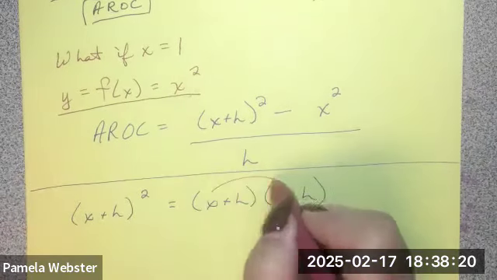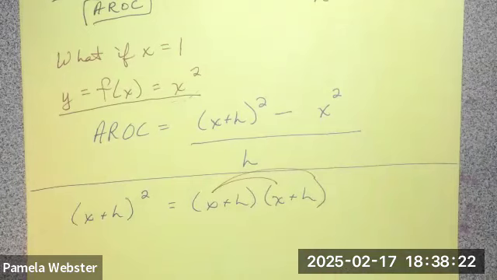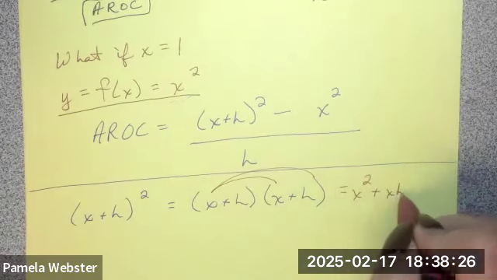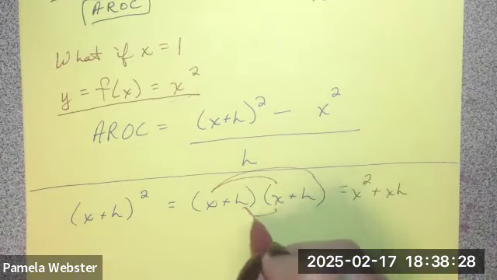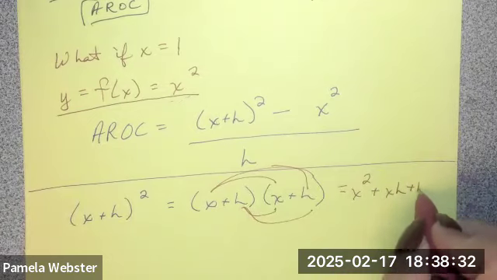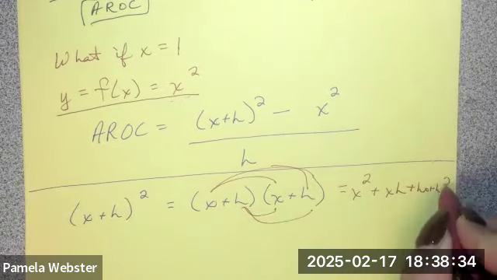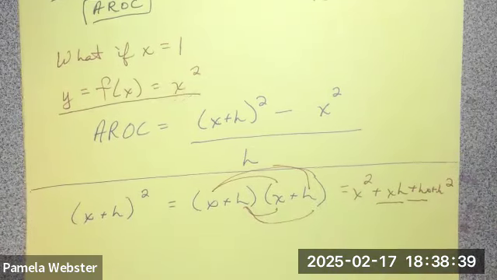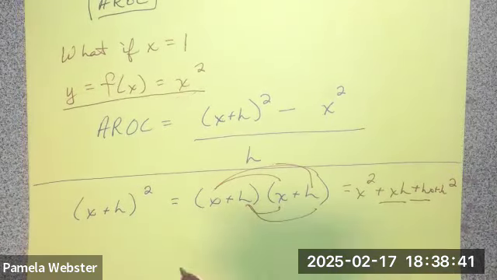And don't forget that to multiply this, I need to distribute: x squared plus xh, distribute that guy through, plus hx plus h squared. Okay, and these two are actually the same because they have the same variables.